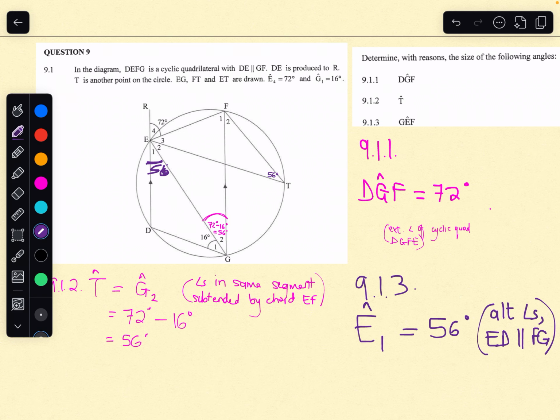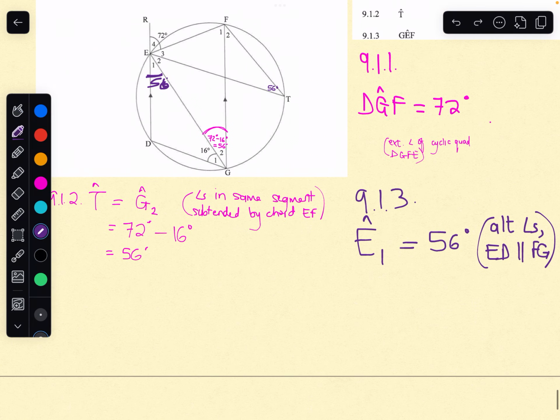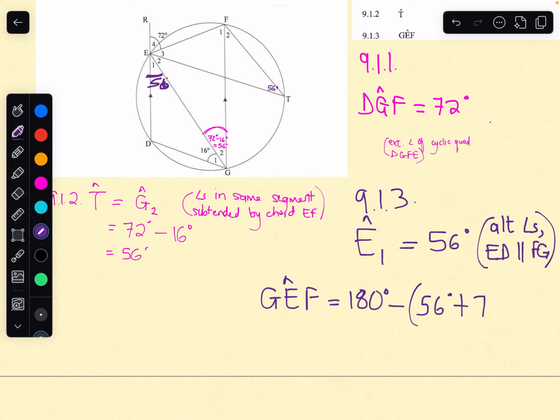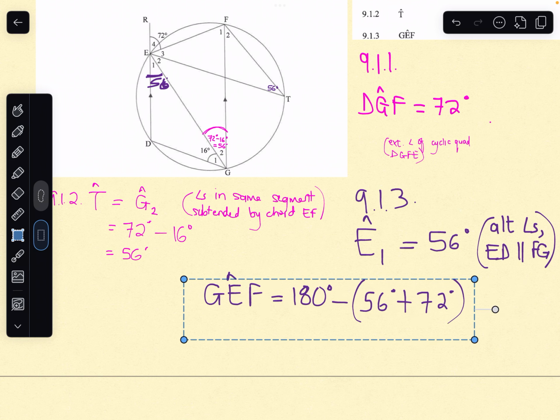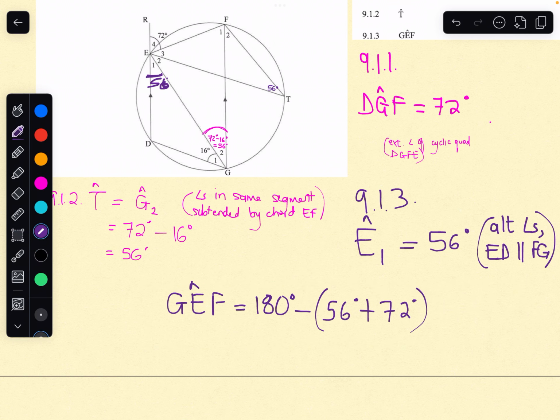And then to get this guy, we can use angles on a straight line. So GEF is equal to 180 degrees minus (56 plus 72) degrees, and that's because of angles on a straight line.